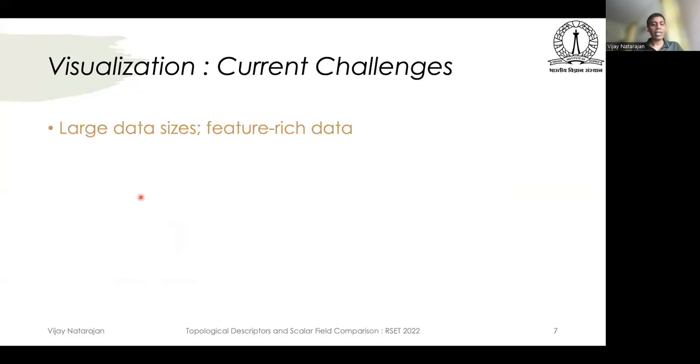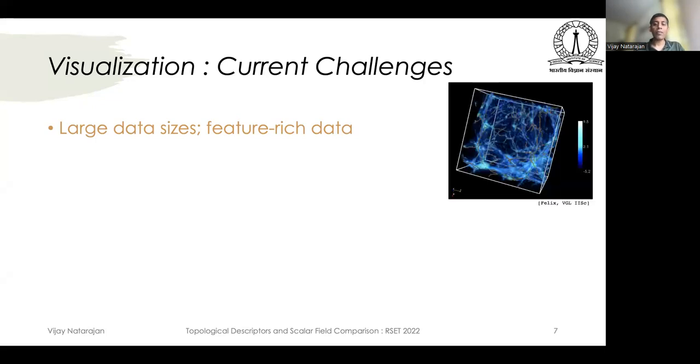So some of the current challenges in visualization arise due to the increasing data sizes and the data becoming feature-rich with the availability of high-resolution data that comes from simulations that are run on supercomputers. It becomes difficult to visualize and understand this data. This is further accelerated because of the presence of data such as dynamic data that varies over time.